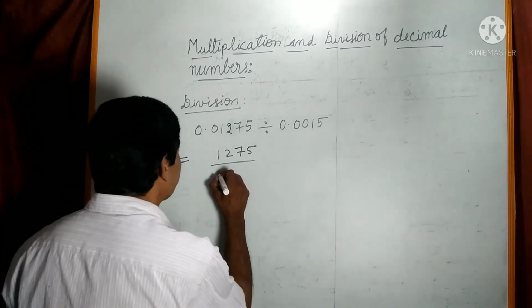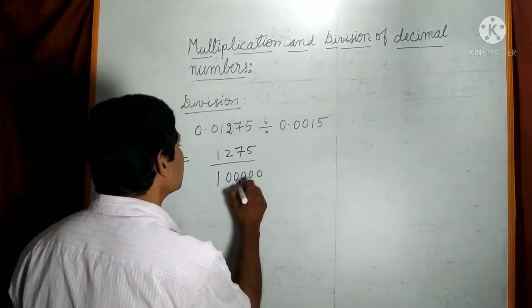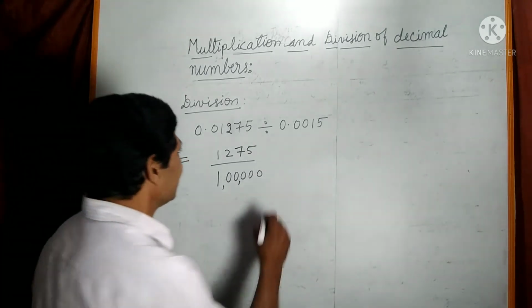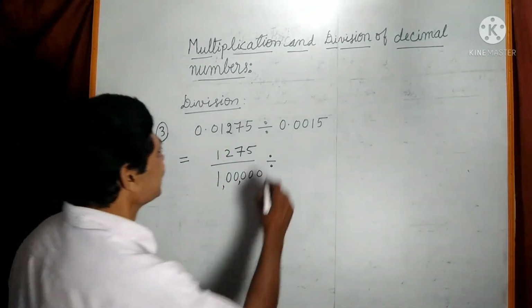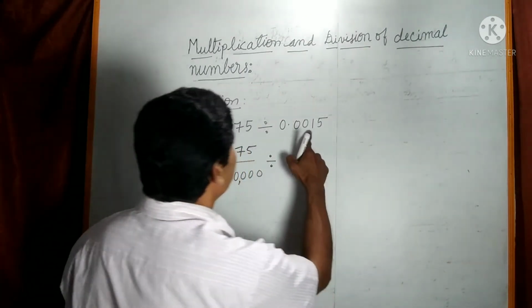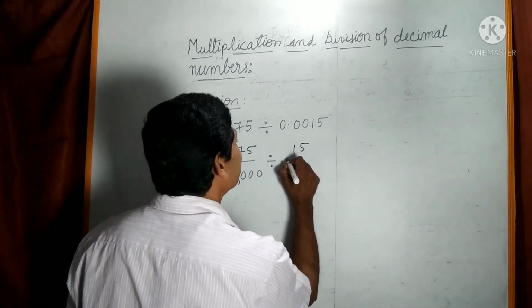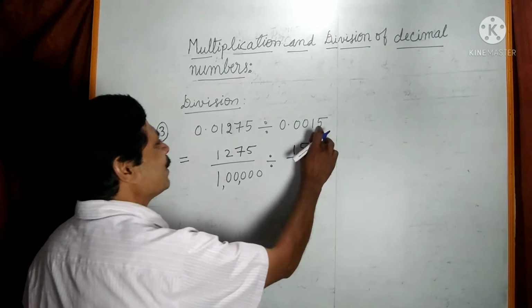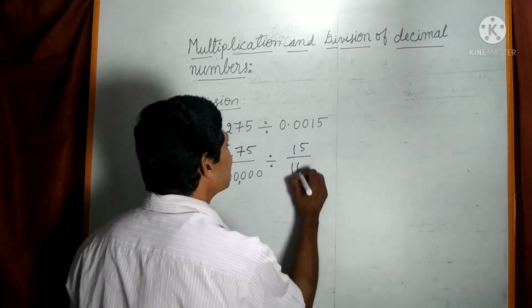So we will write 5 zeros. Divided by, here also we will write 15 after removing the decimal point, and we will write 1, 2, 3, 4 zeros in the denominator.